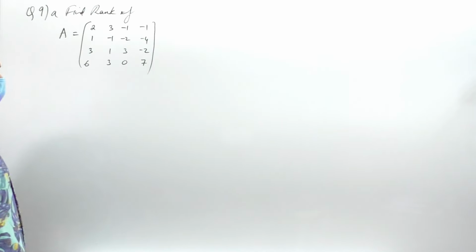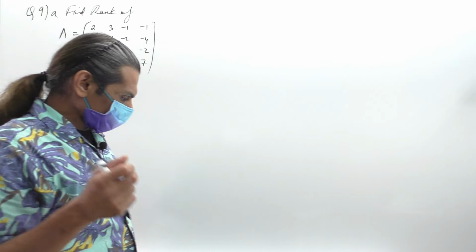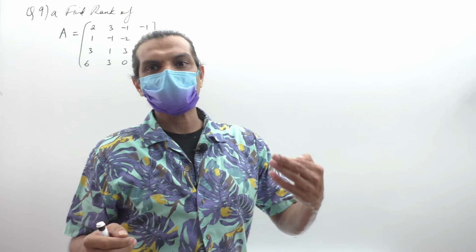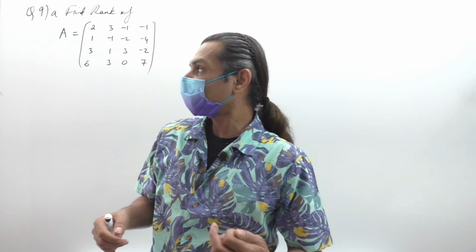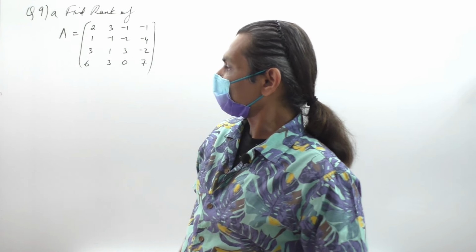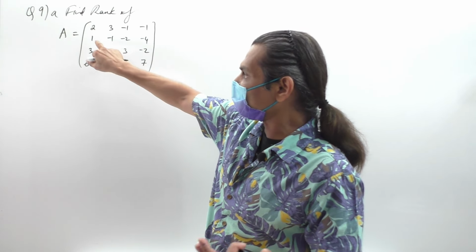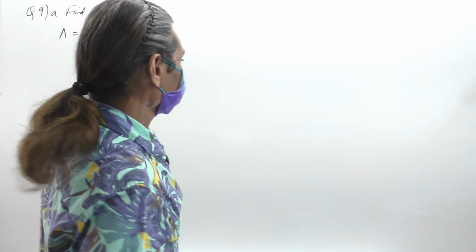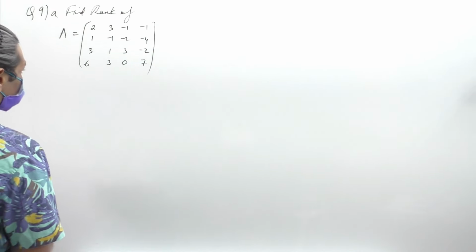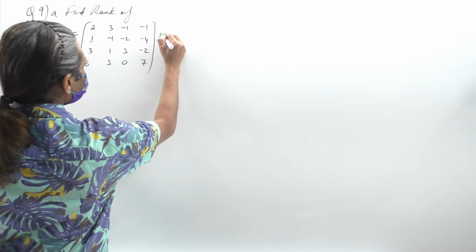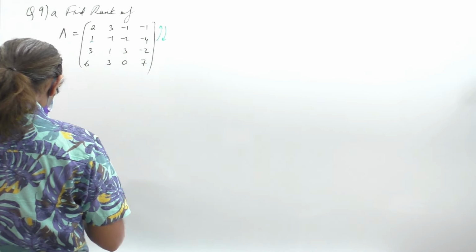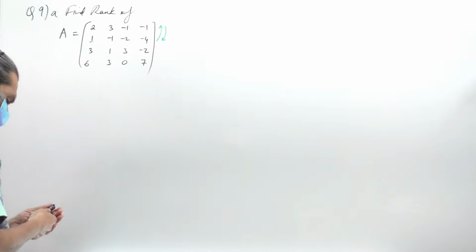As you know, some authors, while reducing to echelon form by row transformation, advise the first element to be 1 if possible. It's not required, but here since 1 is there, I'll just shift the rows. I will shift this row here, and this row here, according to row transformation. It won't change the matrix.